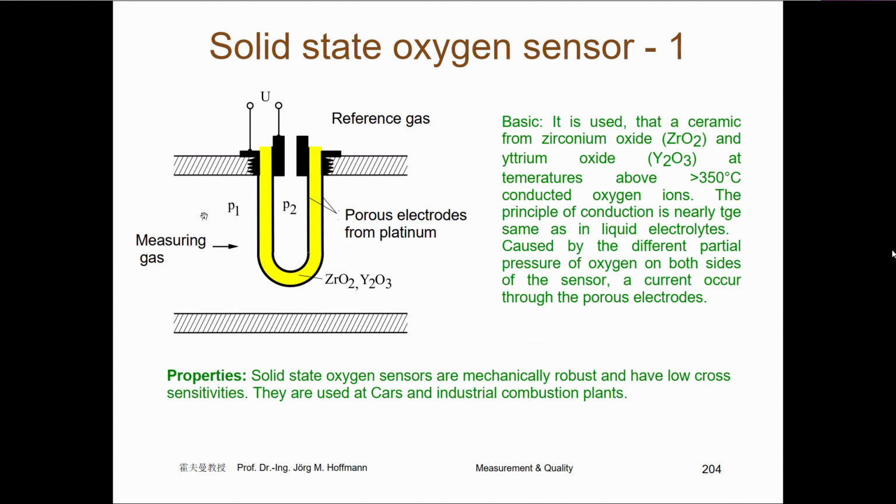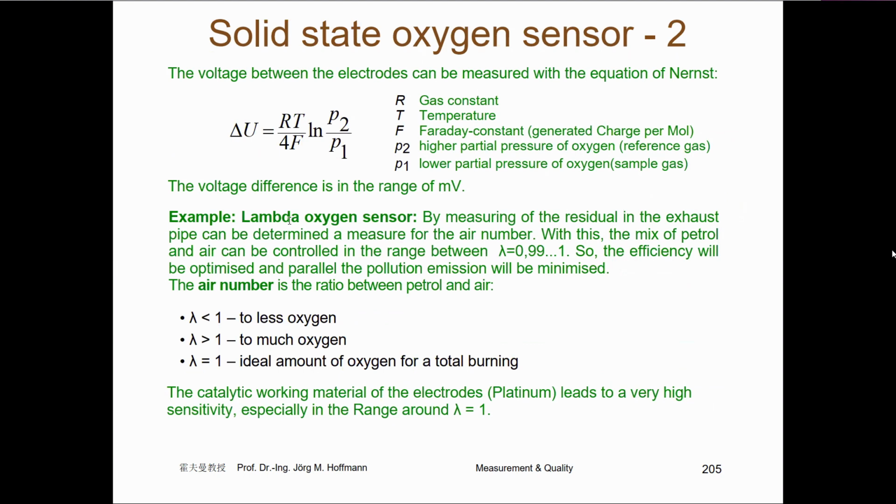Where you have a higher concentration of oxygen, you get a transport to the other side. And the aim is that the oxygen content in the gas is the same as outside. When this is the case, you have a perfect burning process.